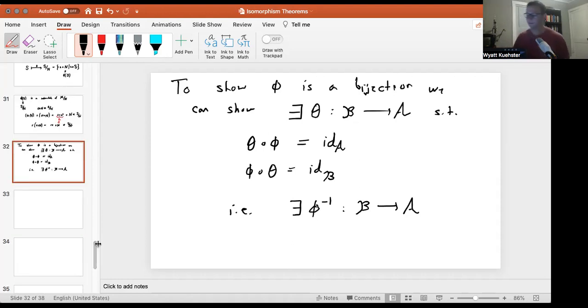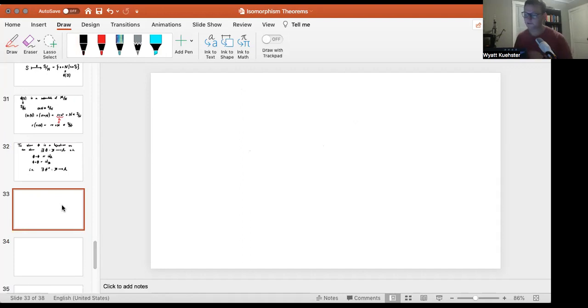So I'm gonna construct an inverse, but before I construct the inverse, I need to recall, remember from the quotient modules video, I have a quotient map. Anytime I have a quotient module, I get a canonical quotient map.